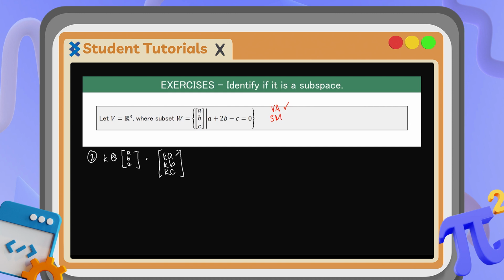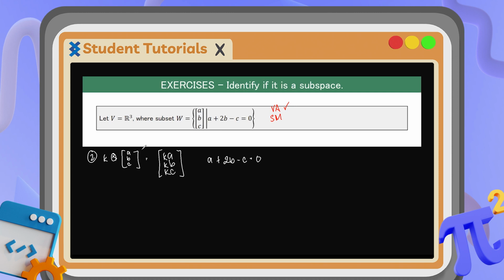Alright, so from here, we again evaluate the property which is A plus 2B minus C. Let's start off with A plus 2B minus C is equal to 0.